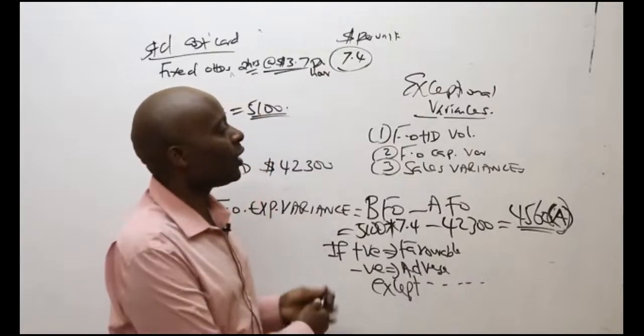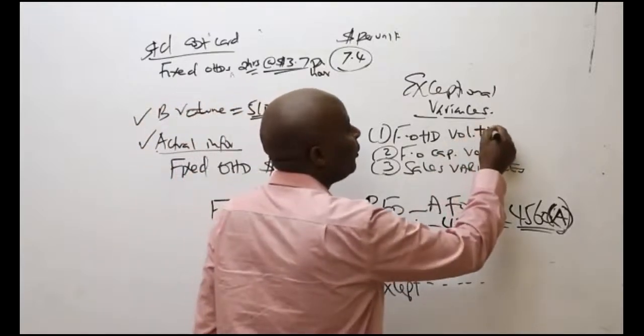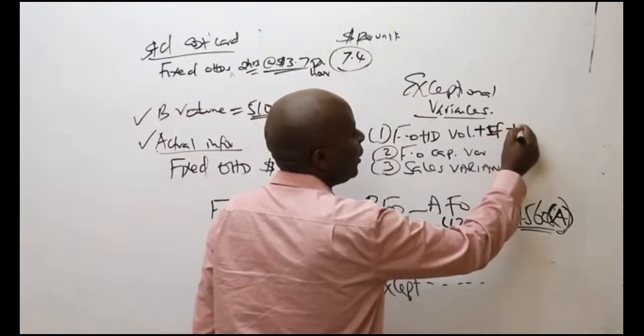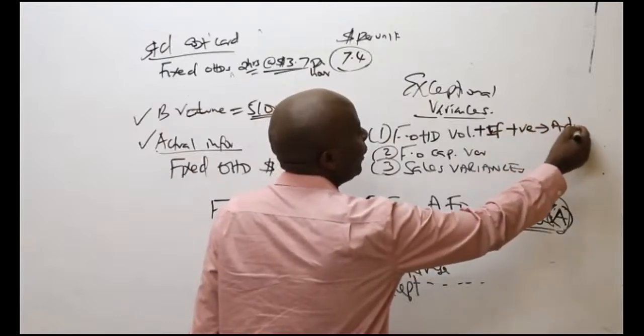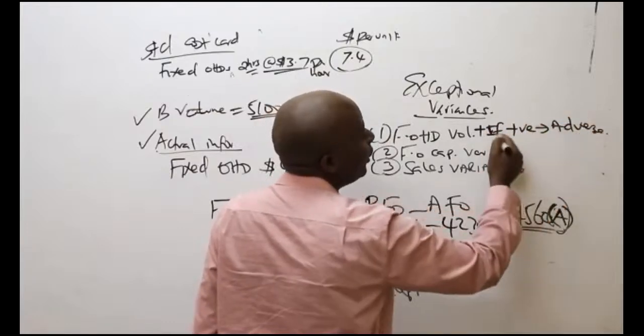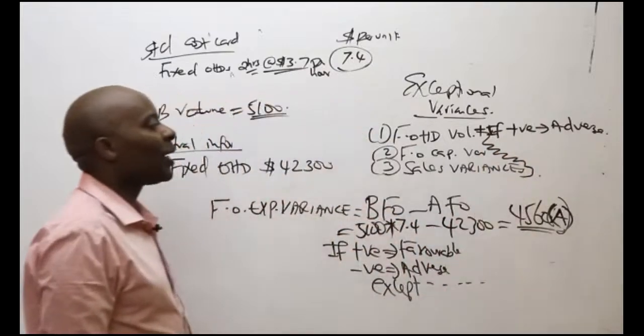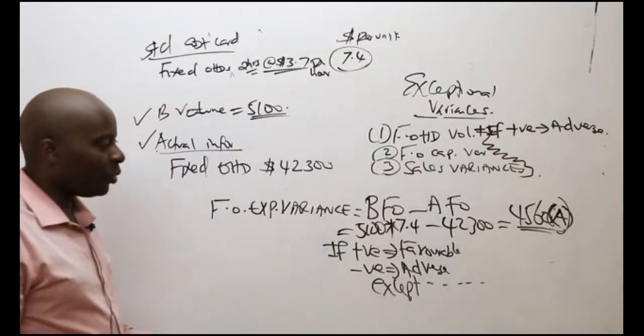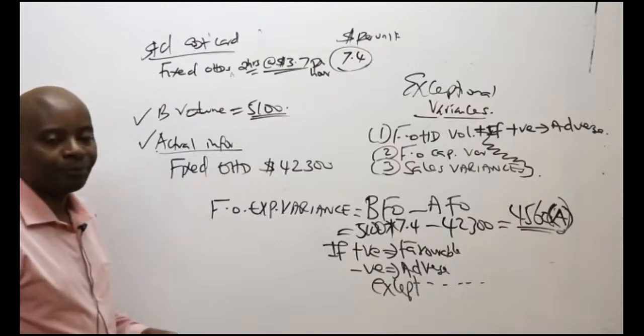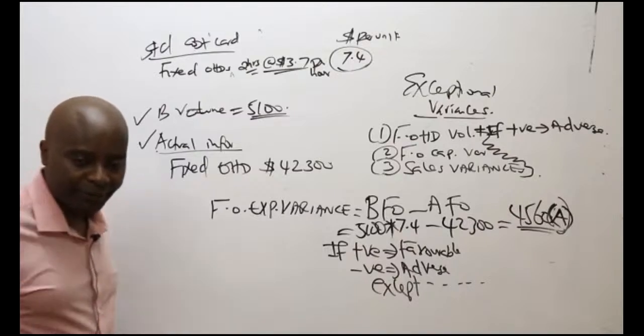For fixed overhead volume, if positive, take it to be adverse. All the three actually. If they are positive, instead of impacting our profits positively, they will be disadvantaging us. Is that okay?